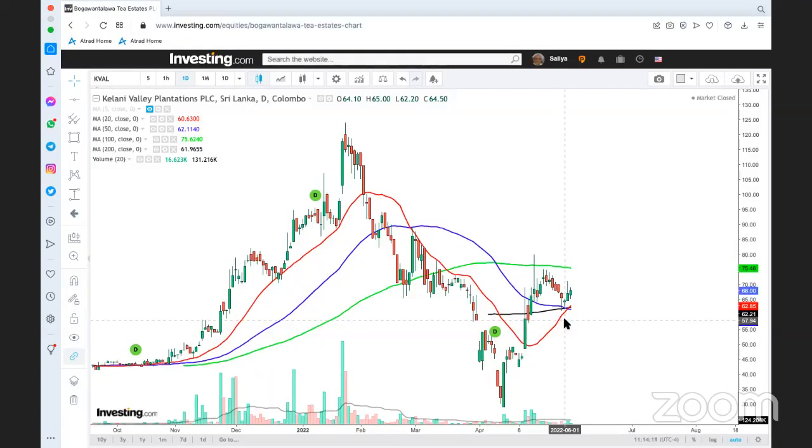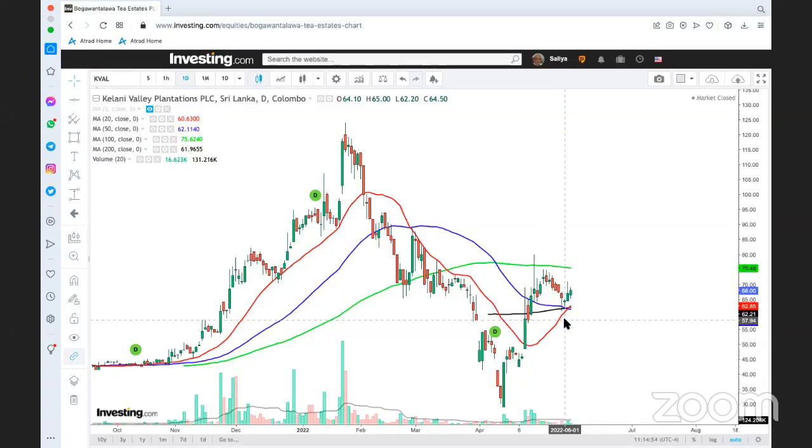That's why it's very important for us to have a watch list, because in that watch list there will be certain counters which will take the lead. LIOC took the lead and went up, followed by Expo Lanka, Brown's Investment, all those popular counters. Then by the time those counters were going up, LIOC retraced.